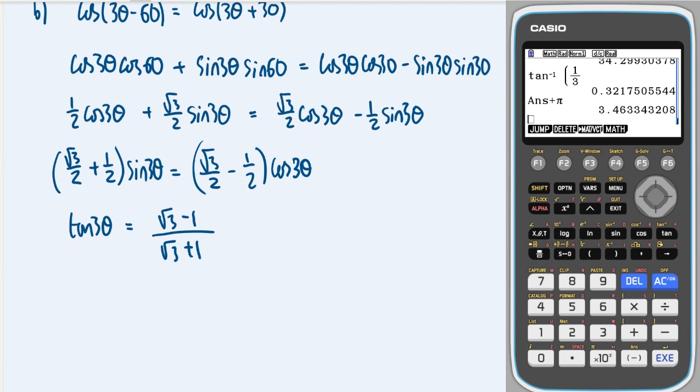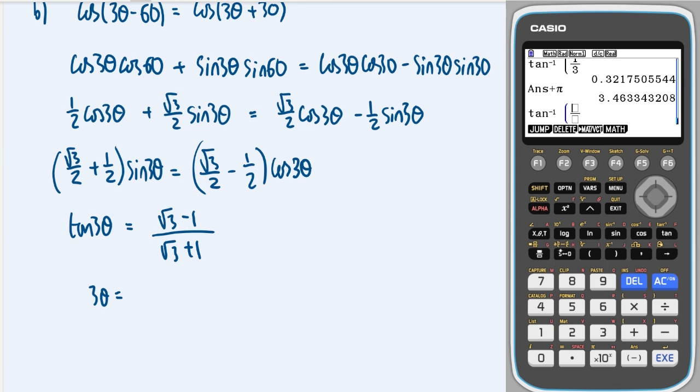Okay, now we take the inverse tan of that. So I'm going to need my calculator for this. We will do shift tan of root 3 minus 1 over root 3 plus 1. And we get 1 over 12 pi.